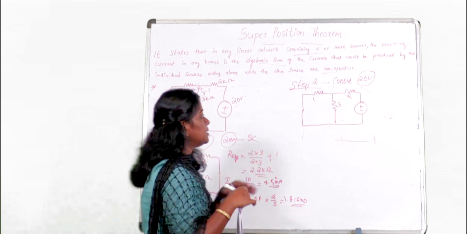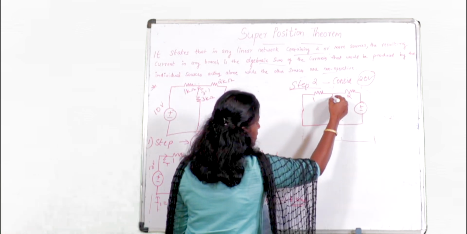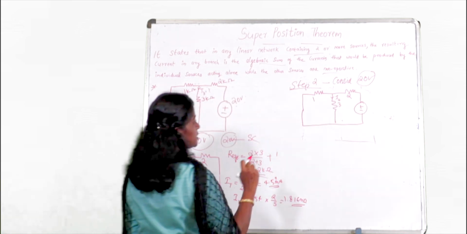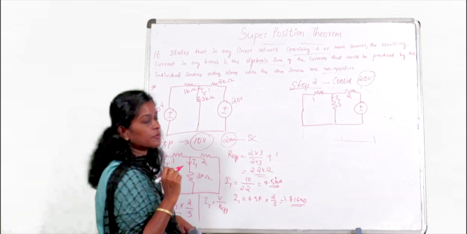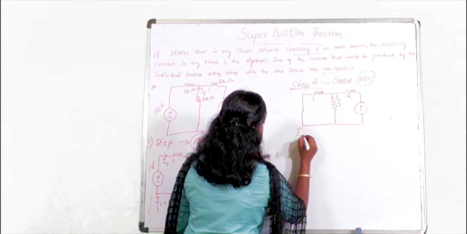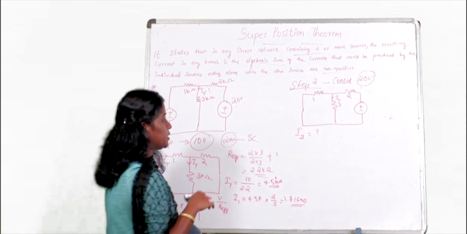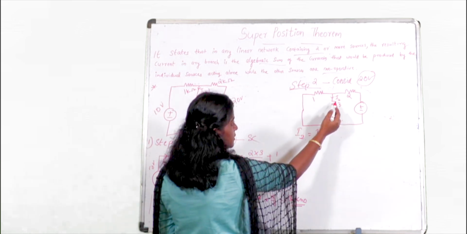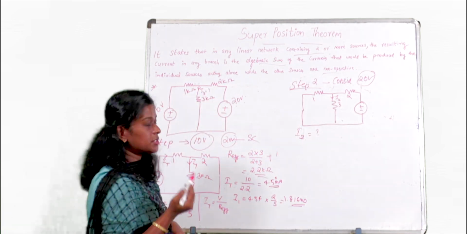So here also we need to find the current flowing through 3 kilo ohm. So let it be I2. I2 is the current flowing through 3 kilo ohm. So here we need to find I2. Here also the same method we will follow. We will apply the current division rule to find the current flowing through 3 kilo ohm.